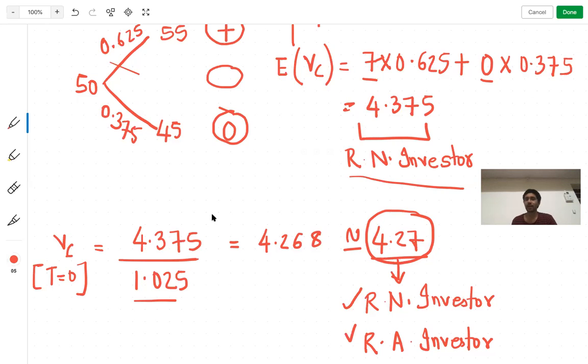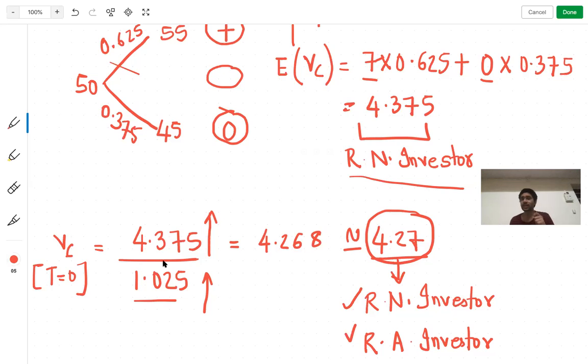So your numerator will go up. If you are a risk averse investor, the expected cash flow at t equal to 6 will go up, and so will your denominator, because for you the required rate of return is no longer 2.5%. You are a risk averse investor, which means you require a return which is more than the risk free rate.